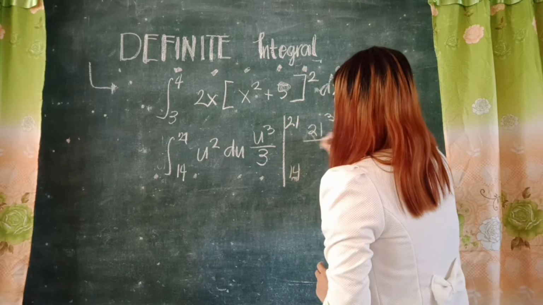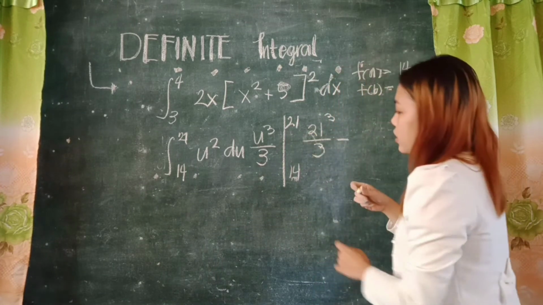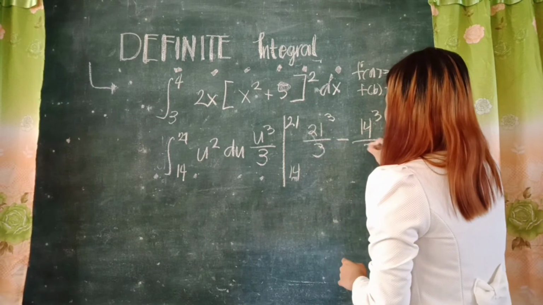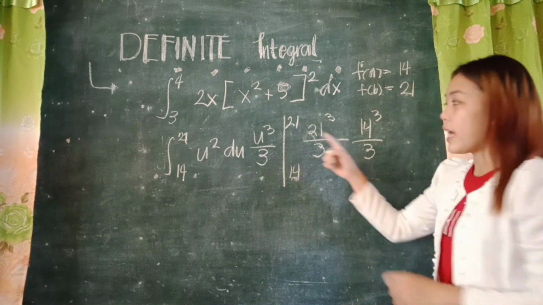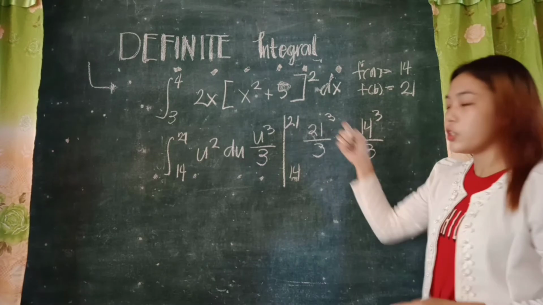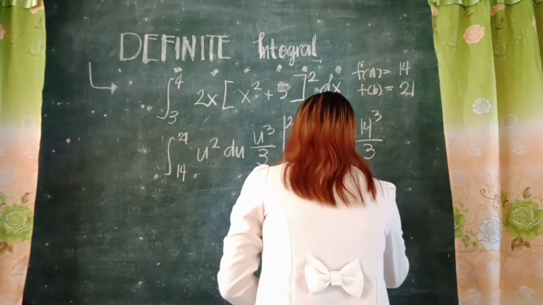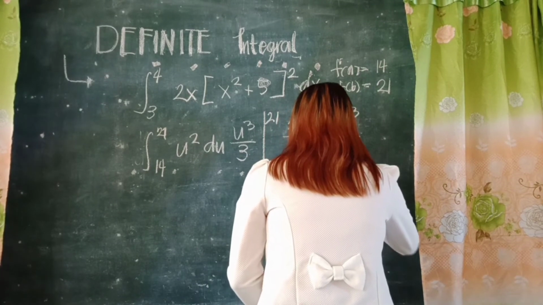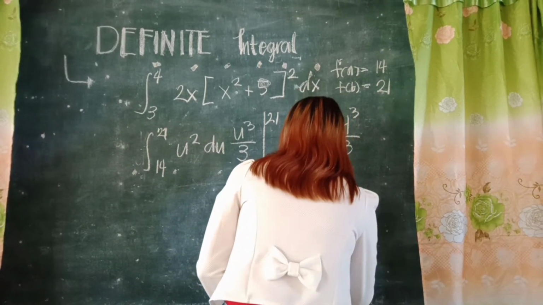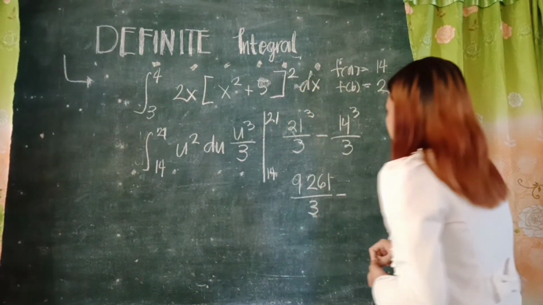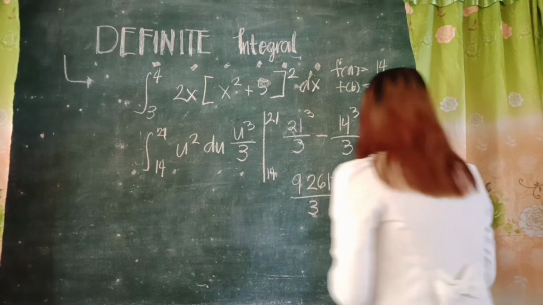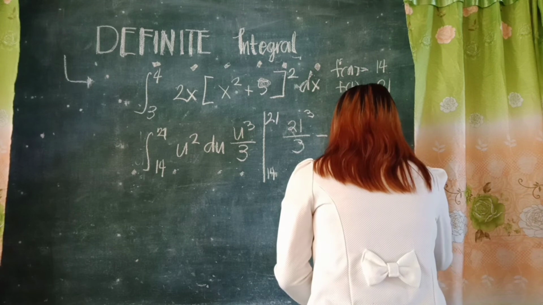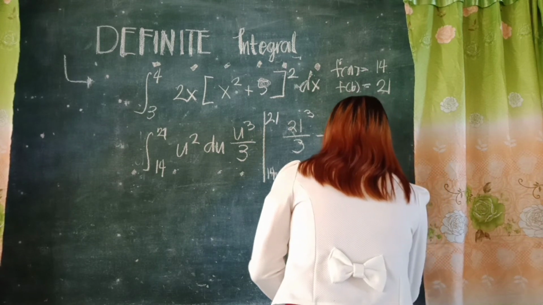So, 21 cubed over 3 minus 14 cubed over 3. We calculate 21 cubed and the answer is 9,261 over 3, minus 14 cubed, which is 2,744 over 3.